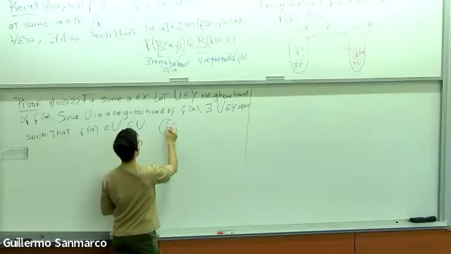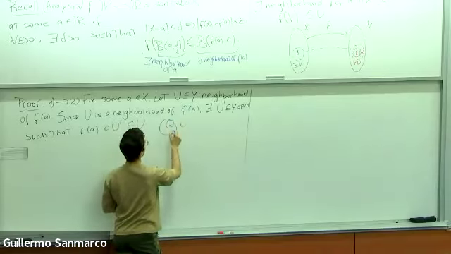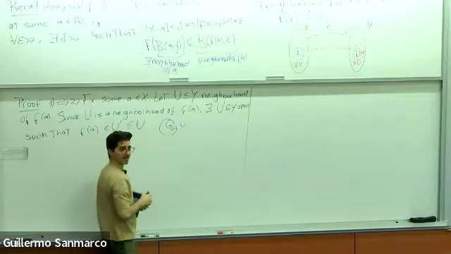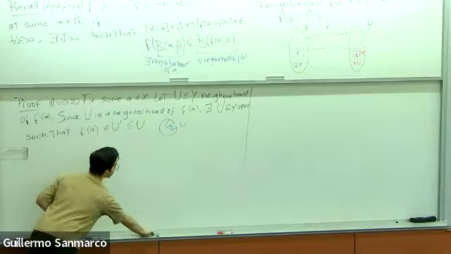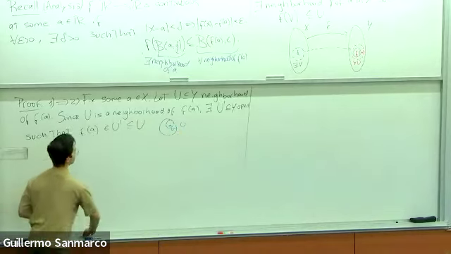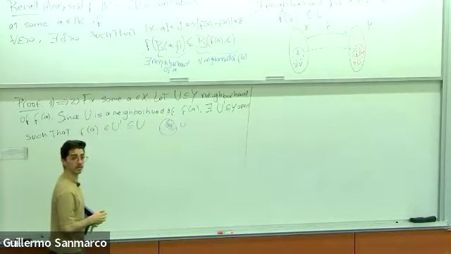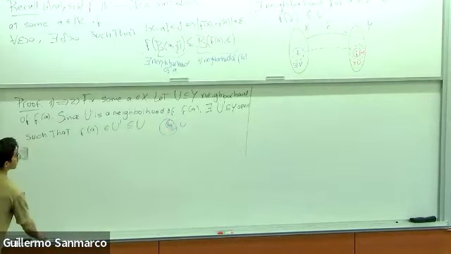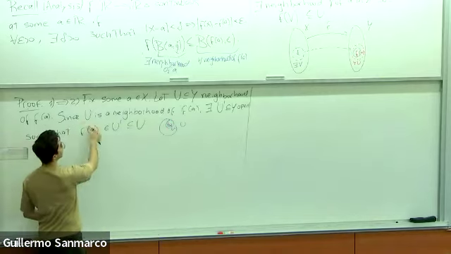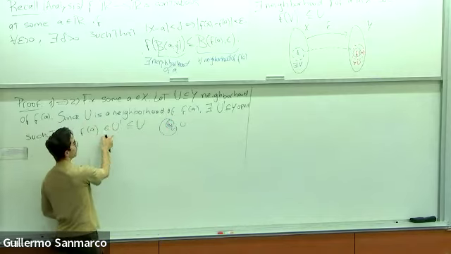Maybe your A is here. So this could be your U, and this will be your U prime. I'm just writing the definition of neighborhood, and that should be f of A. So if you have a neighborhood, that means there is an open set which contains the point, but inside the set.